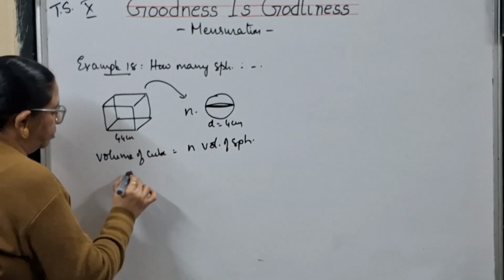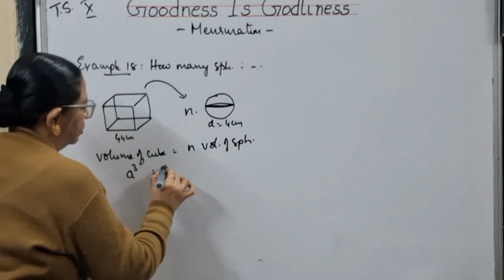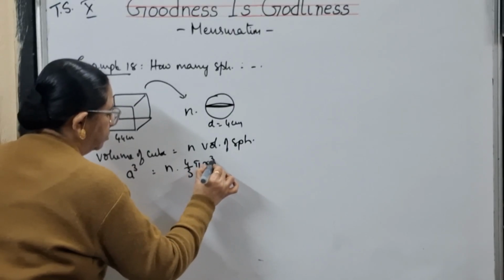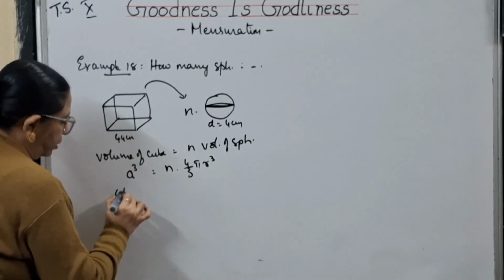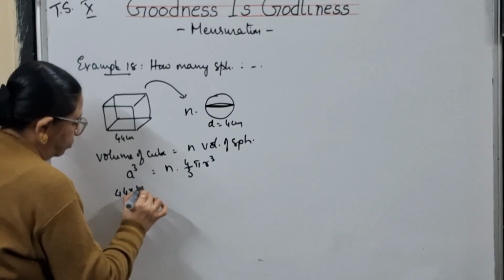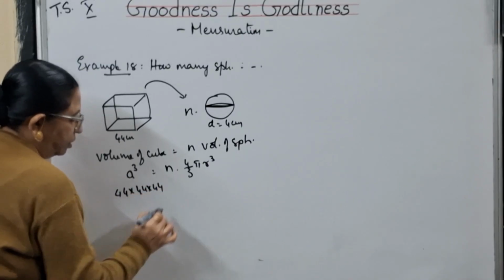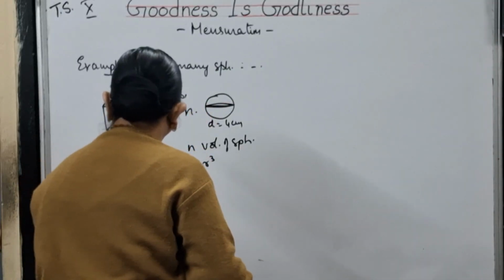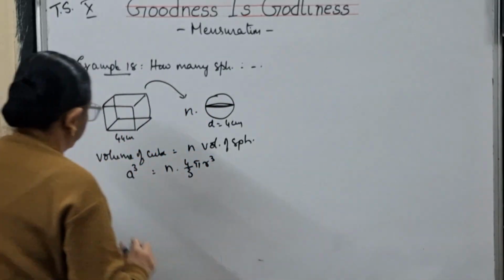So volume of the cube is A cube, which is equal to n into 4 by 3 pi r cube. A cube is 44 into 44 into 44. Otherwise, first I will write it as 44 cube. A is 44.